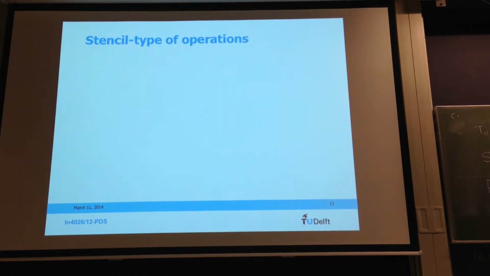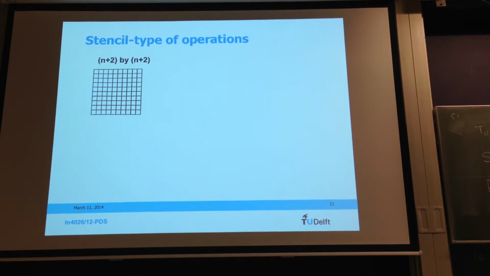Just another type of problem, slightly more complicated as an example. Suppose we have a stencil type of operation on an array of n+2 by n+2. I take n+2 to have nice formulas, right? There's no reason to take n+2 instead of n by n.